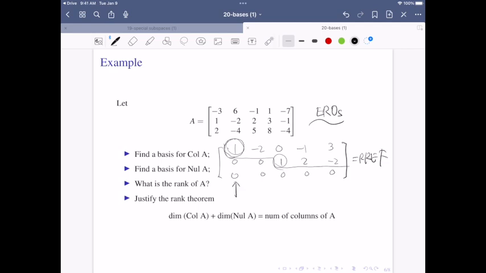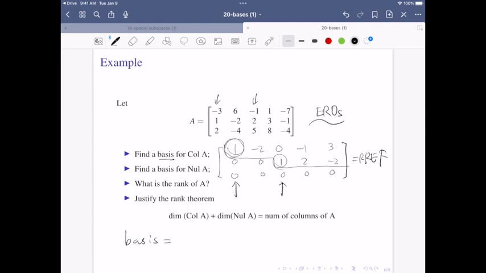And we have two pivots. And what is the basis for the column space of A? Then the basis is given by the vectors of A with pivot columns.